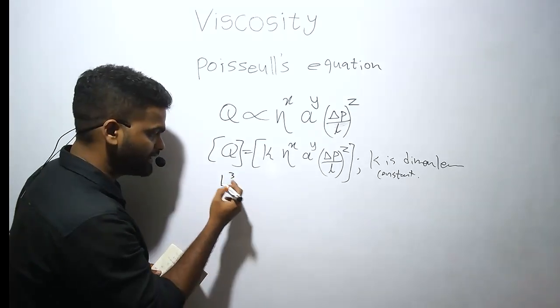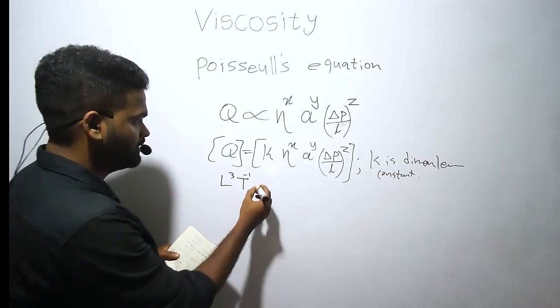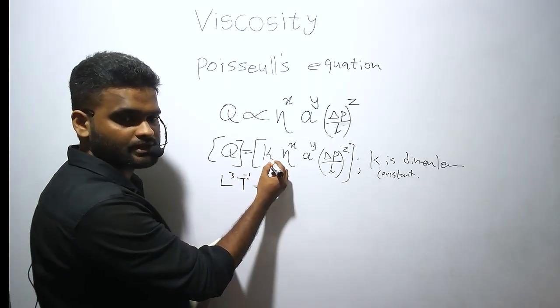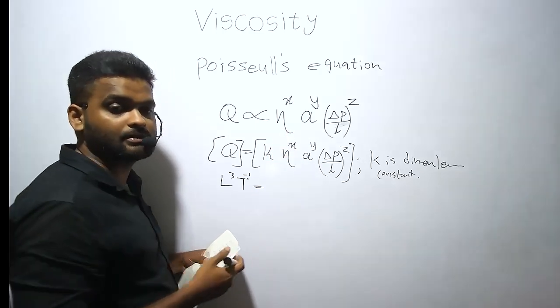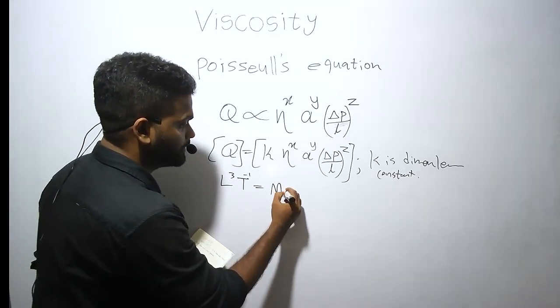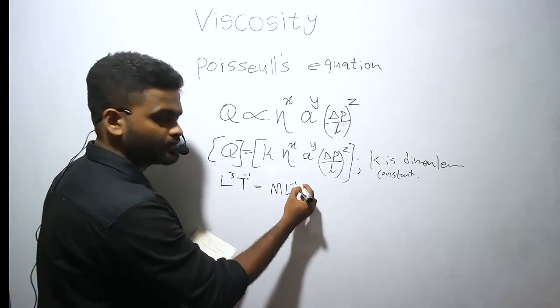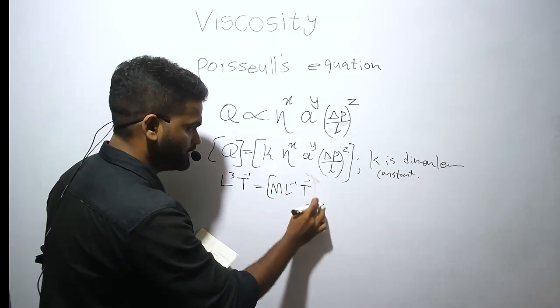L cubed, divided by time, T to the minus 1. K is dimensionless, so we can disregard that. Eta, remember what the dimensions of eta are? If you don't remember, you can check that. M L to the minus 1 T to the minus 1, to the power x.